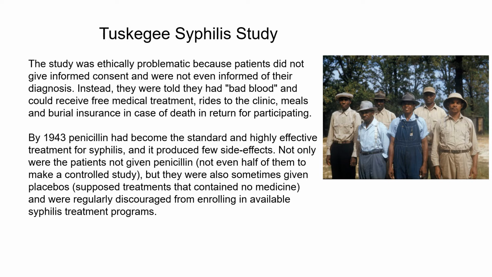It produced very few side effects, but not only were the participants not given penicillin, not even half of them, to make it a control where you give half of them penicillin and half not to see what the difference was, they were discouraged from enrolling in syphilis treatment programs outside of this study. So they weren't just deceived in what was going on in the study, they were deceived to the point where they were discouraged from seeking actual treatments that worked.